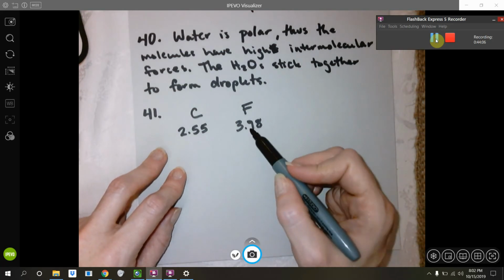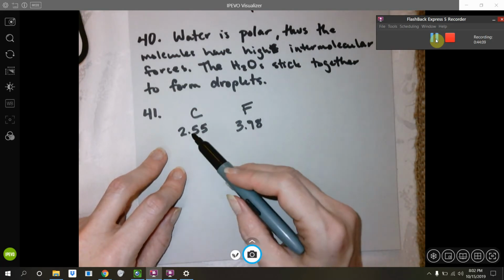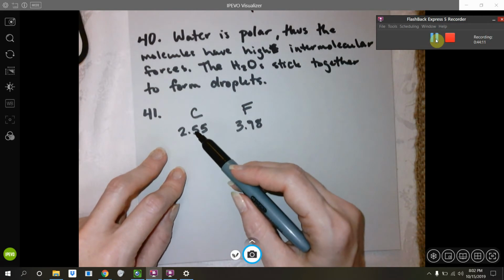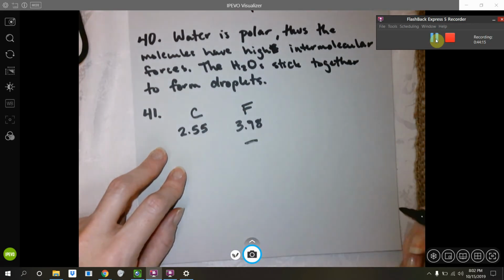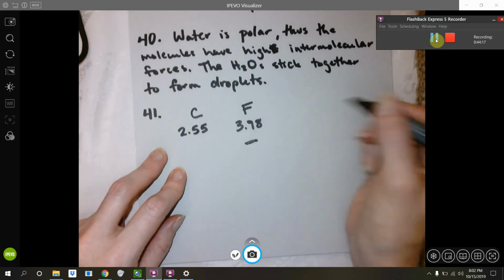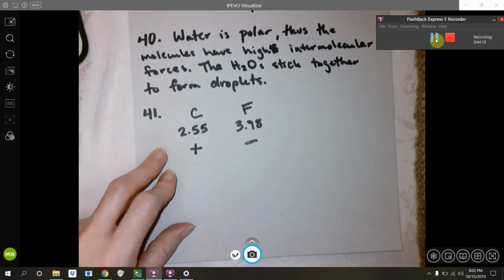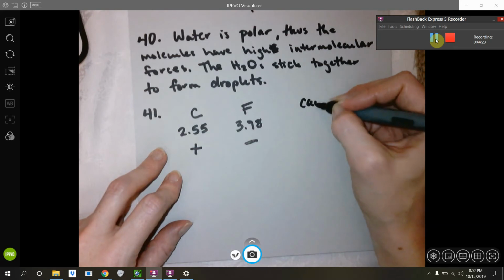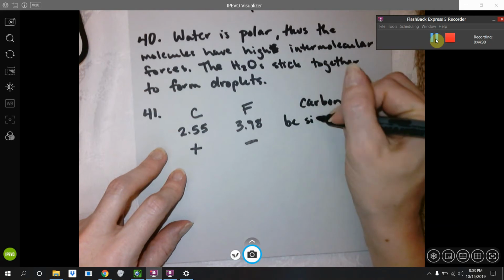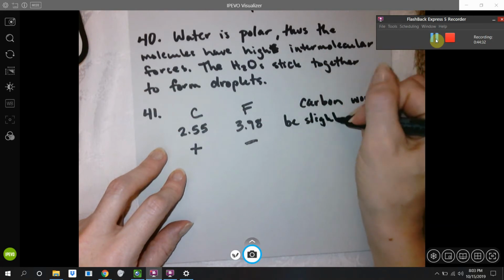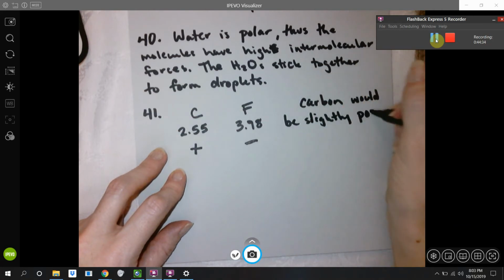It's better at pulling on electrons than carbon is. So that means that fluorine is going to have extra electrons some of the time, which would leave the carbon being slightly positive. So for 41, carbon would be slightly positive.